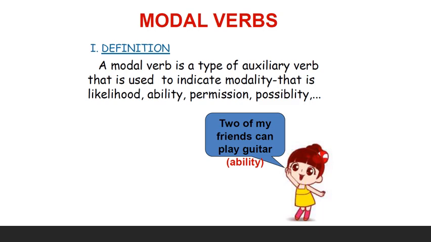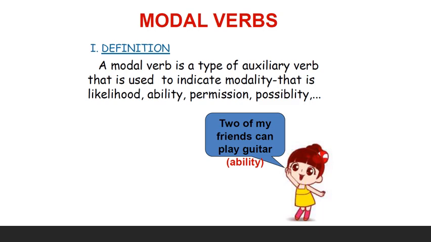What do you mean by an auxiliary verb? Auxiliary verbs are also called helping verbs. The main auxiliary verbs are is, was, are, and were; has, have, and had; then do, does, and did.